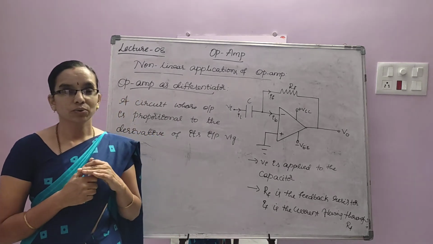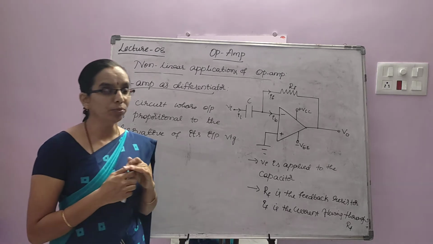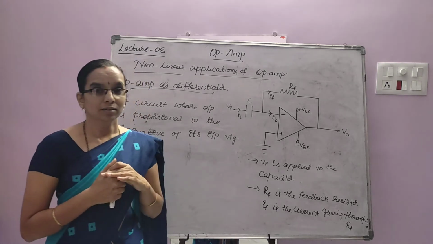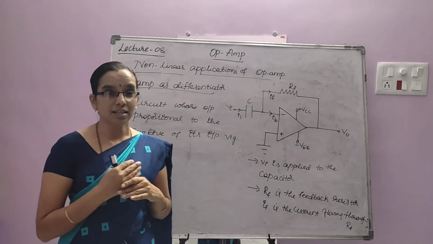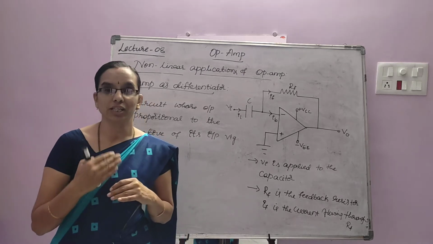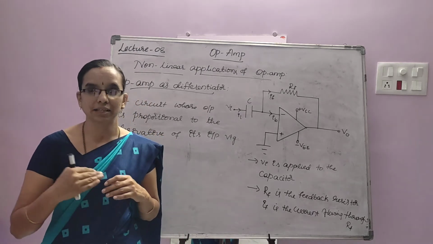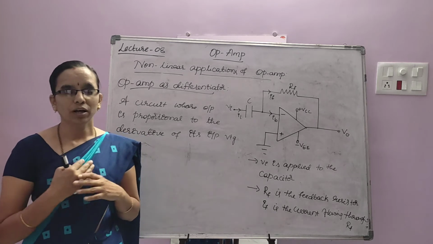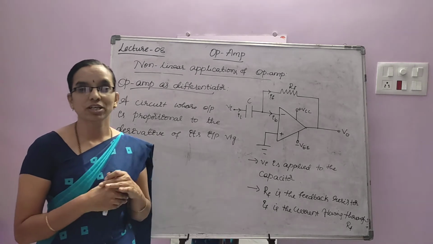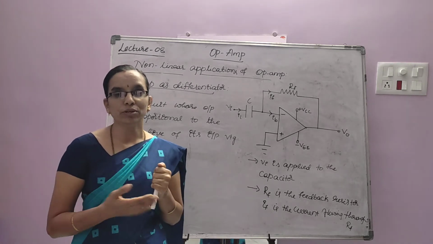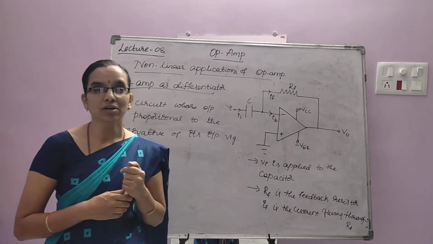What output we are getting is how the input is going to change with respect to time. That we will study: how the output of the integrator or differentiator tells us how the input is going to change with respect to time.